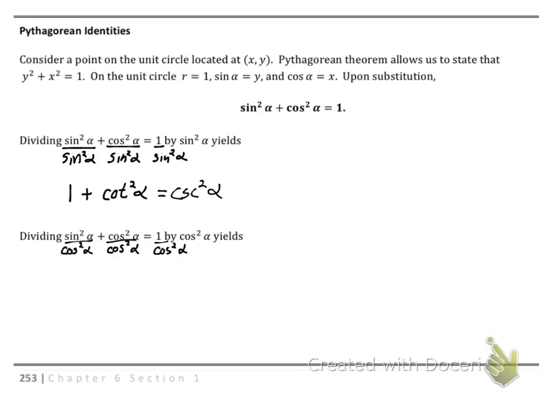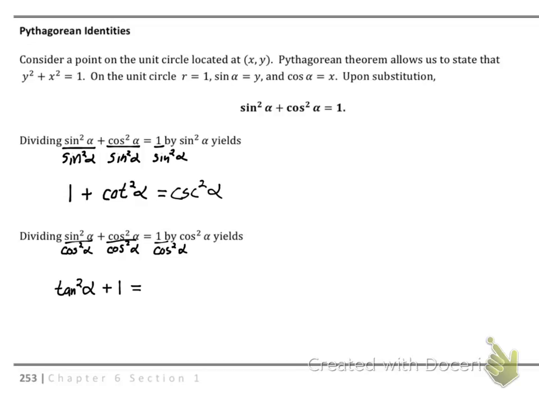Well, sine divided by cosine, that's just tangent. So rather than writing sine squared alpha over cosine squared alpha, I'm just going to write tangent squared alpha. Well, cosine squared alpha over cosine squared alpha is the same thing over itself, so that's just going to be plus 1. And that's going to equal 1 over cosine squared alpha.